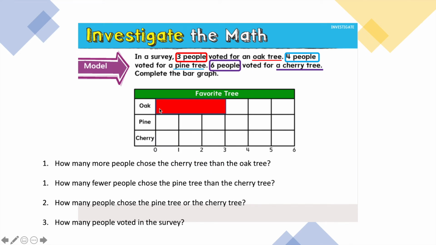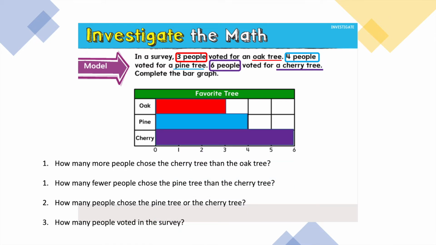So that's 1 bar. And it goes all the way to number 3. So for pine tree, my bar graph should go all the way to what number? Very good. 4. And for the cherry tree, how long should my bar graph be?